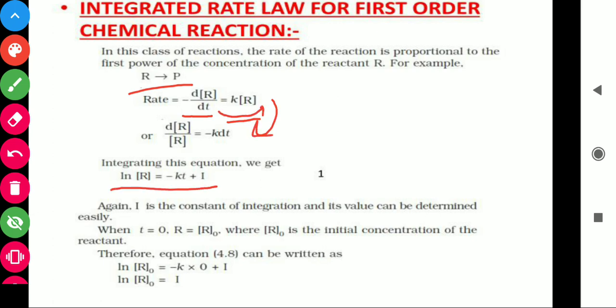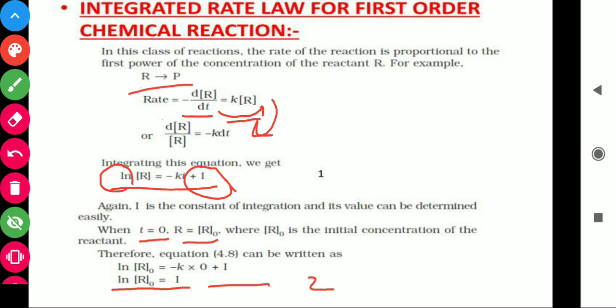And when we do integration, we get exactly the same: ln R, here this is log e base. Again I is the integration constant, and for calculating that we put t is equal to 0. And when time has just started, the reactant will be the initial reactant, and we get the value of I as log e base R naught.